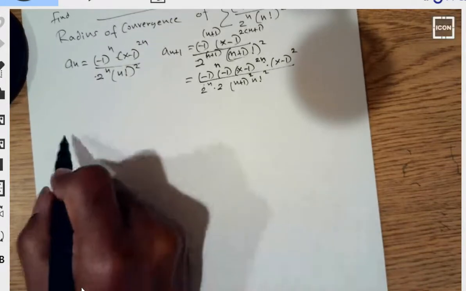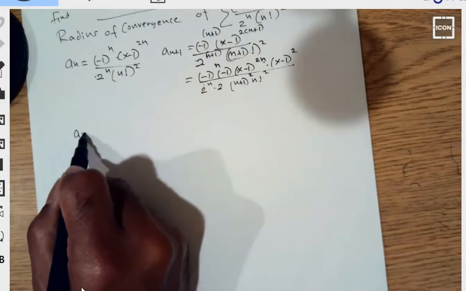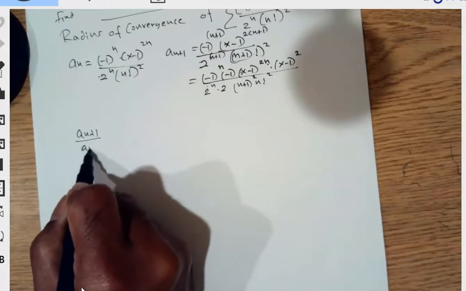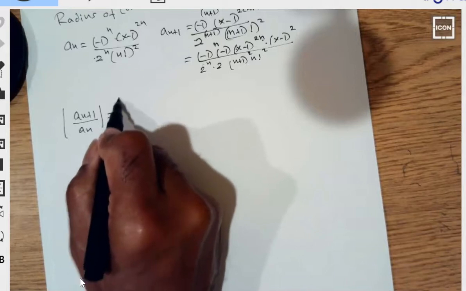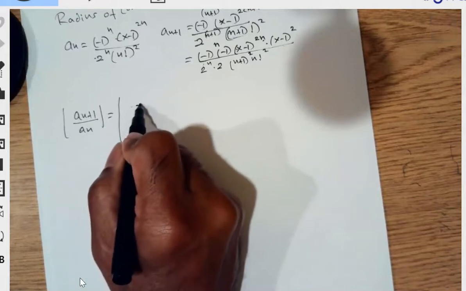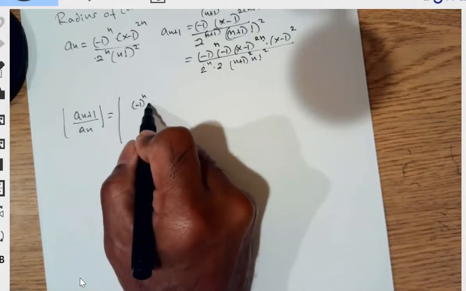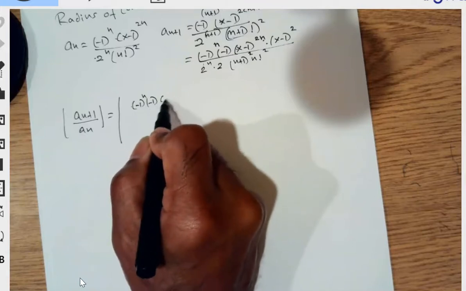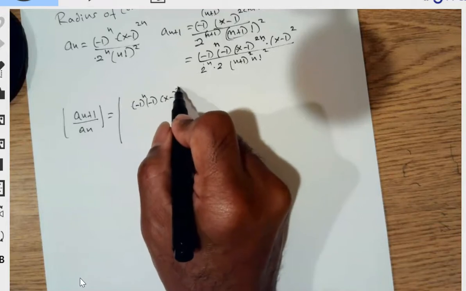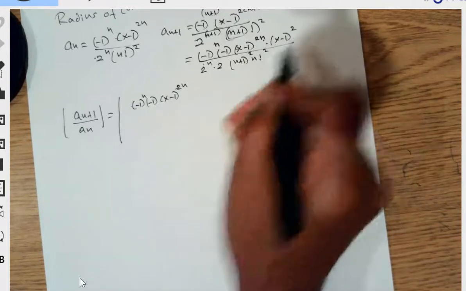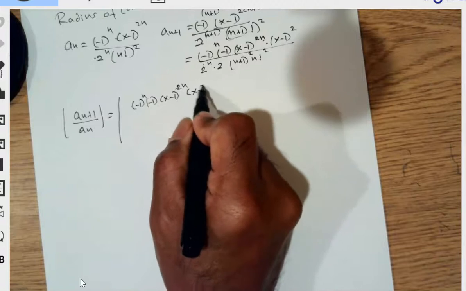Okay, so now I'm ready to take a_(n+1) over a_n, this quotient. Okay, and absolute value. So I'm going to take the absolute value of (-1)^n times -1 times (x - 1)^(2n) times (x - 1)^2. I will go and remove the negatives a little later, right? For the time being, I'm just rewriting what's there.